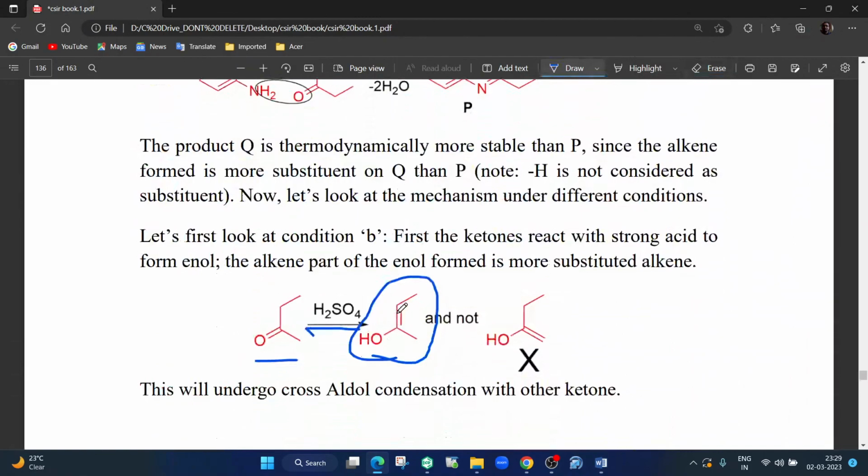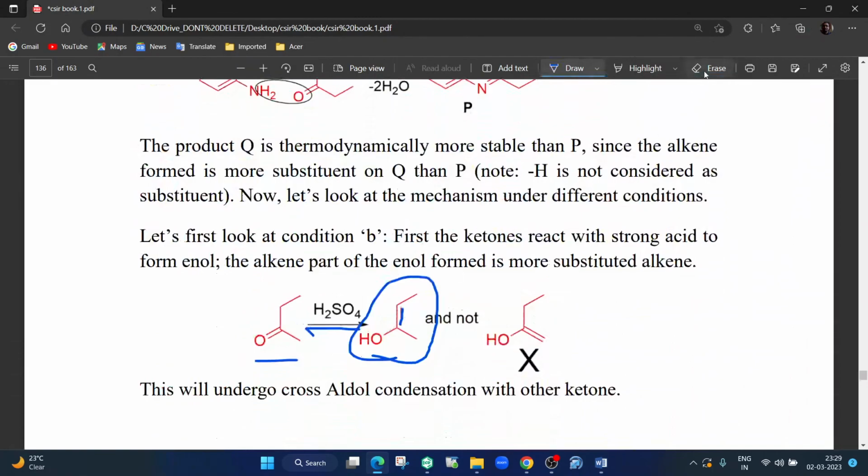So this is your enol. So this is keto, this is enol. So in enol you see you are having OH and a double bond. Now of course the double bond is formed towards the more substituted side rather than the less substituted, because more substituted alkene is thermodynamically more stable, right.